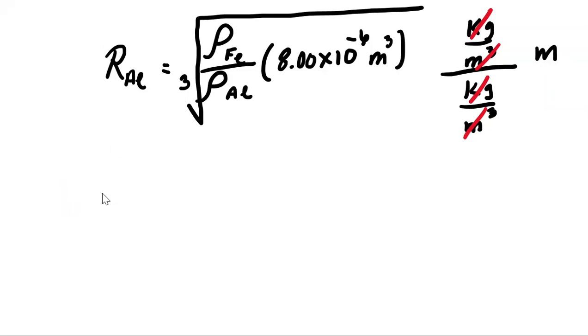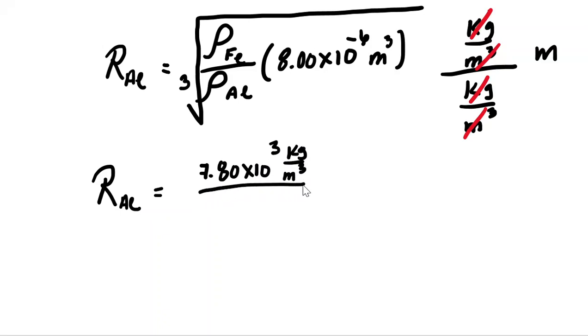So let's go ahead and substitute values in. So we have that the radius of aluminum is going to be equal to, well, the density of iron was 7.80 times 10 to the third kilograms per cubic meter. That's going to be over 2.70 times 10 to the third kilograms per cubic meter.